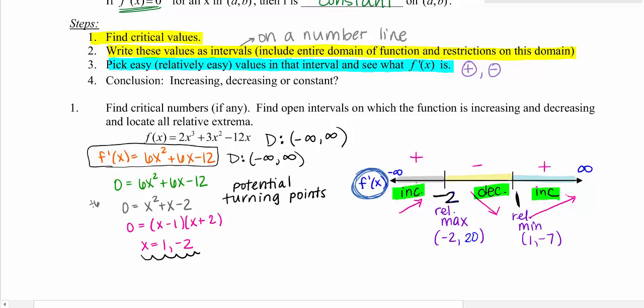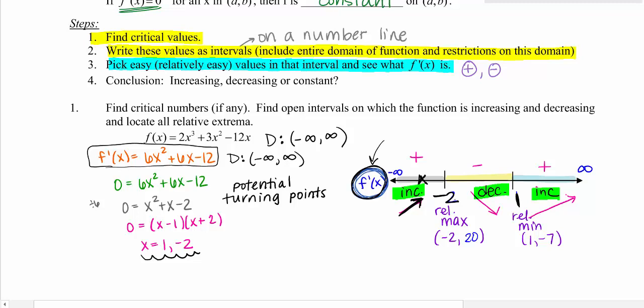And then if you pick a number in that gray section anywhere, so any number from -infinity to -2, so maybe a -3, a -4, a -5, etc., and put it into f prime, then you will see a positive value. So f prime is positive, which means my function is increasing, and I do usually draw what that means.